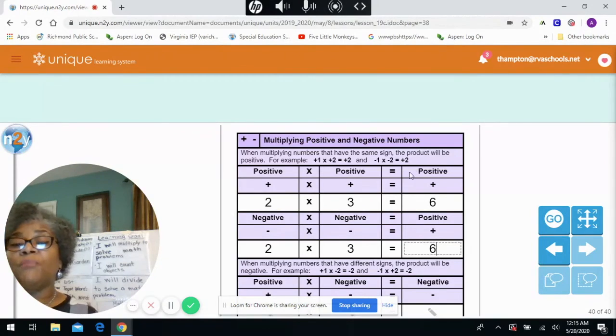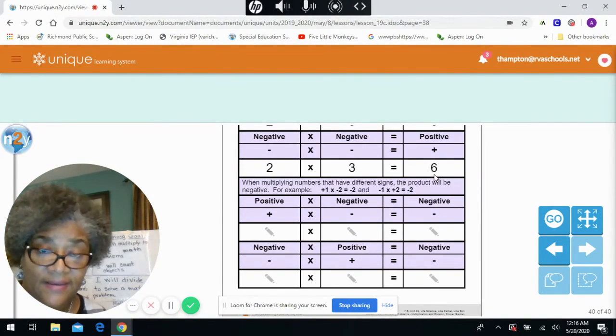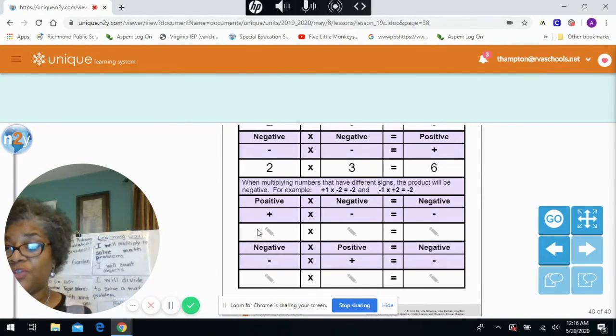But when you're multiplying different signs, when we multiply different ones, then they become negative. So we say negative 2 times positive 2 is negative 4. Alrighty, so that's how that goes.